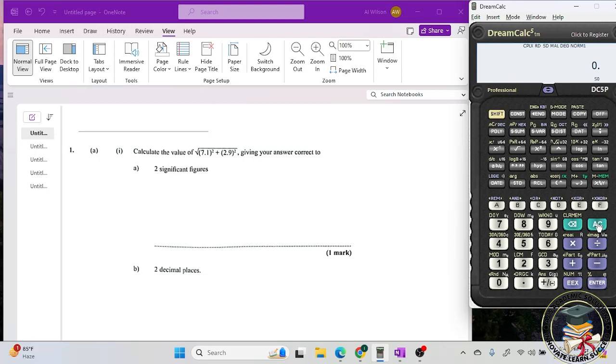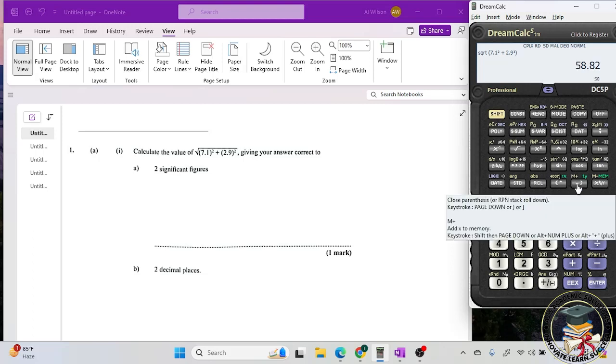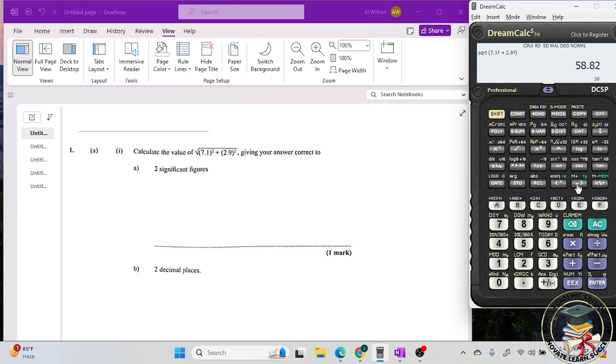Using the calculator, we'll look for the square root icon, which is here, and then I'll use a bracket, and then I'll enter 7.1, then tap squared, then plus, then 2.9 squared, and then close my bracket.